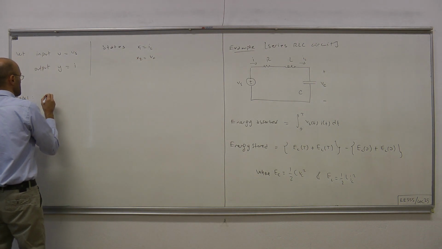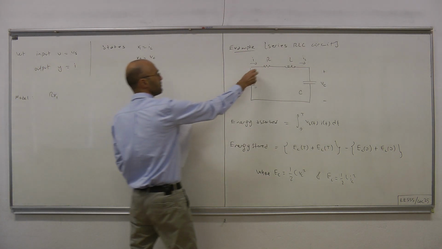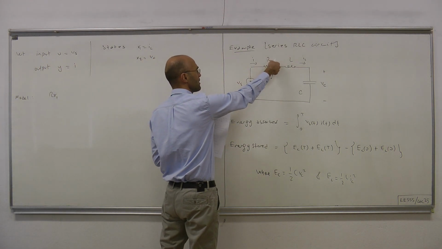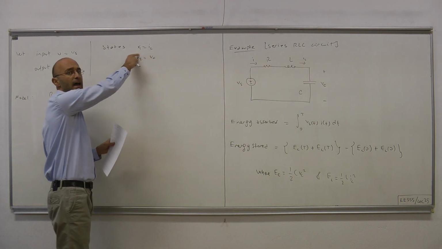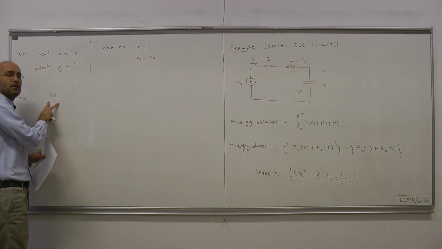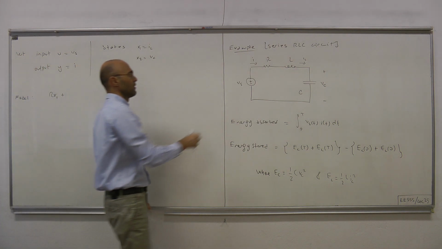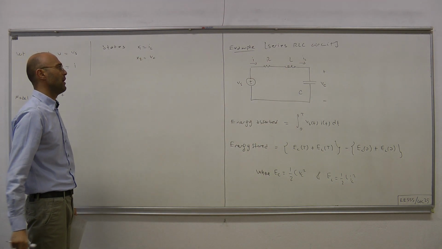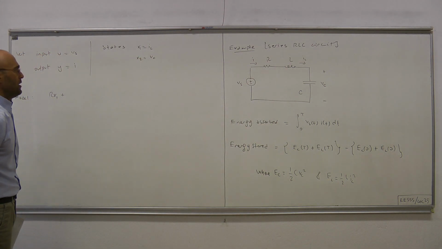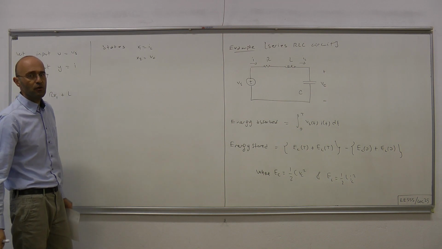The voltage of the resistor is R times I, which is IL, and IL is x1. So R x1 is the resistor voltage, plus the inductor voltage, which by the terminal equation equals L times the rate of change of the current.